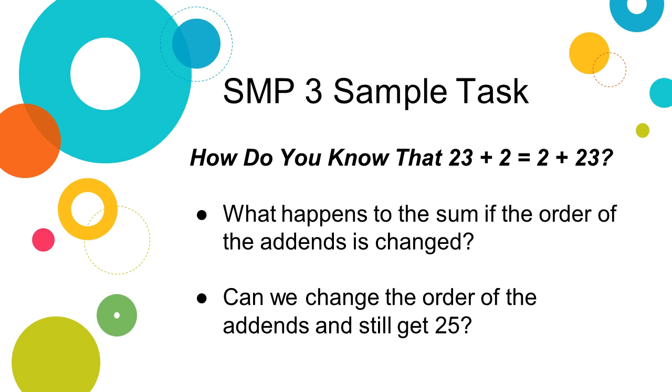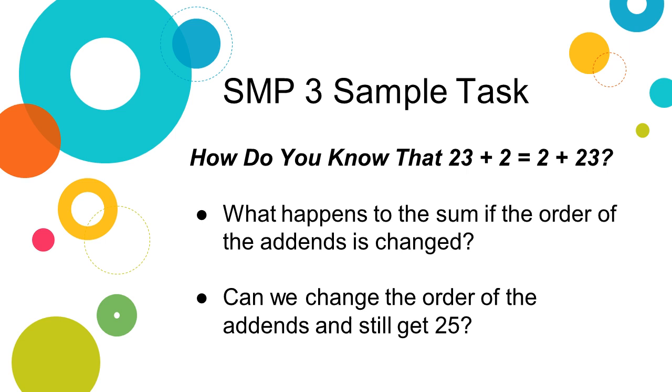Later on, students learn to determine domains in which an argument applies. Students at all grade levels can listen to and/or read the arguments of others, decide whether that argument makes sense, and ask useful questions to clarify or improve the arguments.